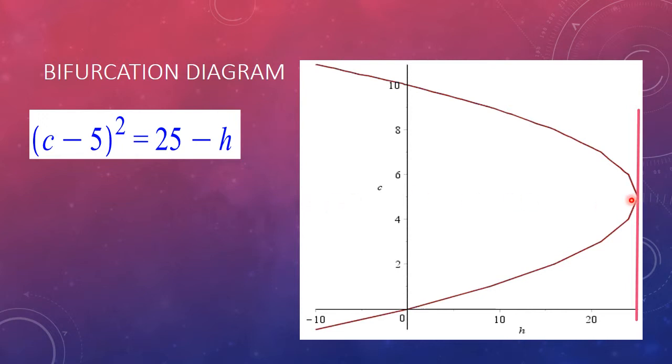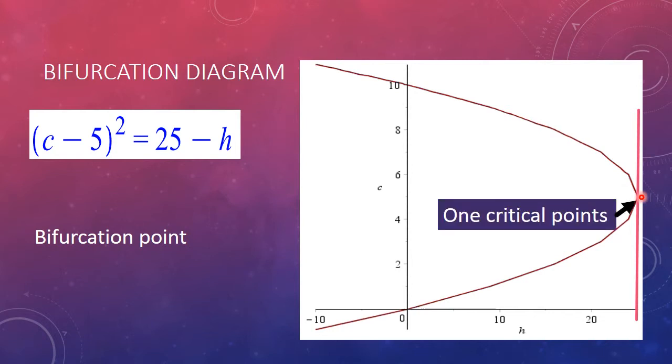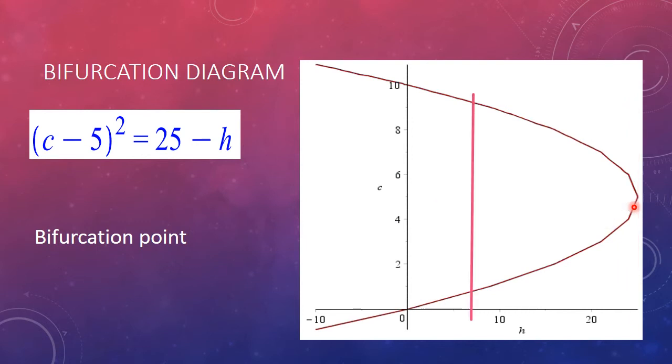Alright, so this is what they call a bifurcation point. That's where we have one critical point at this time.